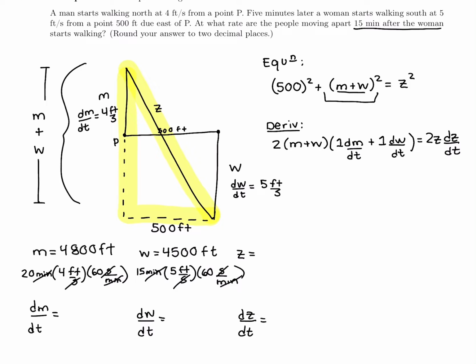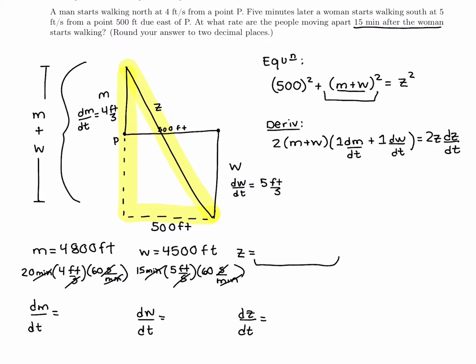We're going to plug into the Pythagorean theorem to figure out what z would have to be. So z is going to be whatever 500 squared, and we have m plus w getting squared. I'm plugging into this Pythagorean theorem to figure out what z is, so that we can plug it into the equation. So we have 500 squared plus m plus w getting squared, so 4,800 plus 4,500 getting squared equals z squared.